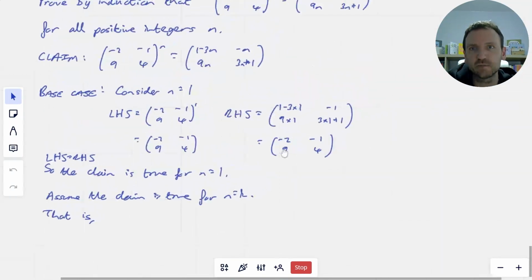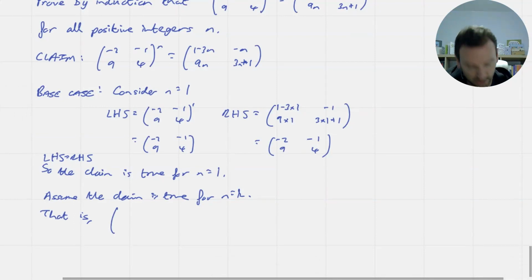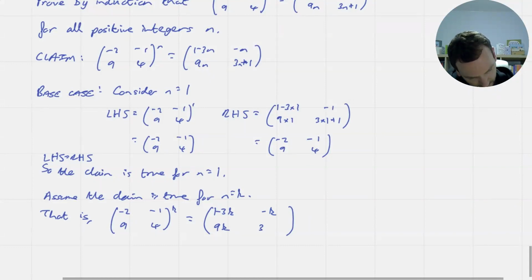We go to our claim and straight away replace n with k everywhere. So our assumption is that (-2, -1; 9, 4) to the power of k is equal to (1 - 3k, -k; 9k, 3k + 1). That's what we're working from here.